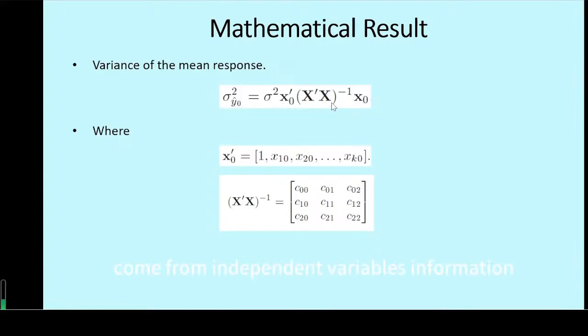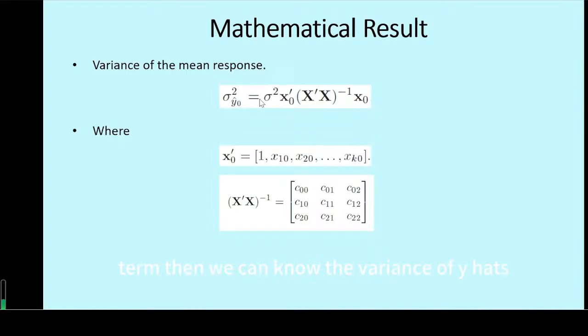This term comes from independent variables information. So x0 transpose is this row matrix, and x0 is a column vector, and this term is the multiplication of a row and column matrix of x. So this is constant, and all information from this term comes from the independent variables.